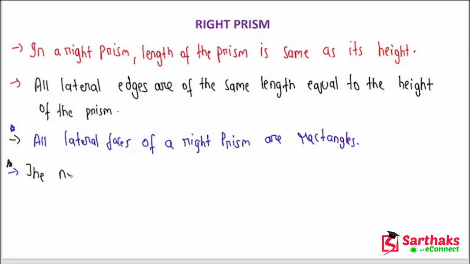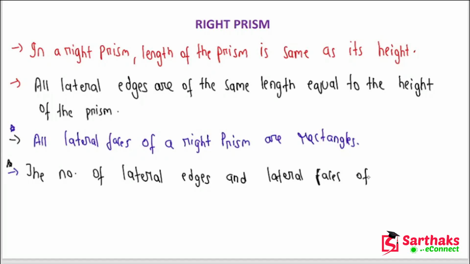the number of lateral edges and lateral faces of a prism is the same as the number of sides in the base of the prism.